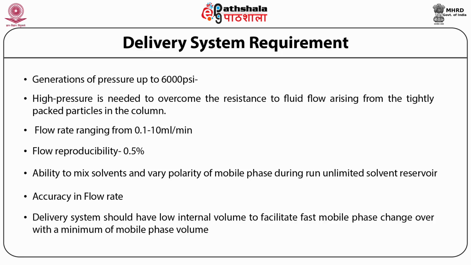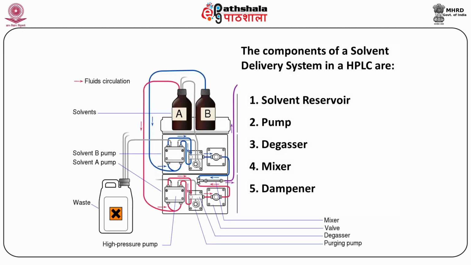The components of a solvent delivery system in an HPLC are solvent reservoir, pump, degasser, mixer and dampener. Solvent reservoirs are provided to store the mobile phase. These are usually made of glass. The mobile phase may be a liquid of single composition or a mixture of different solvents.